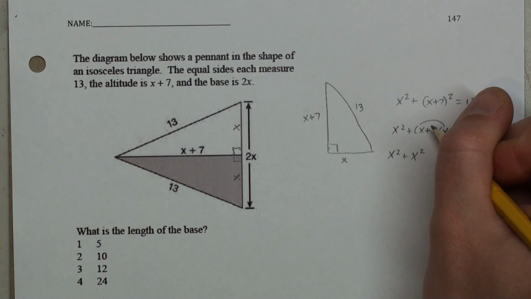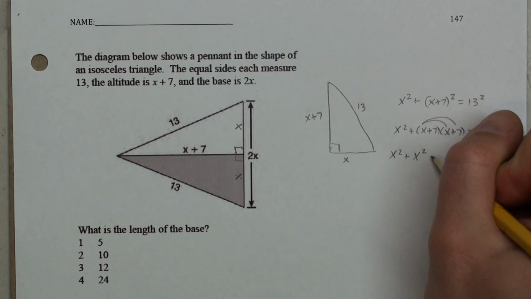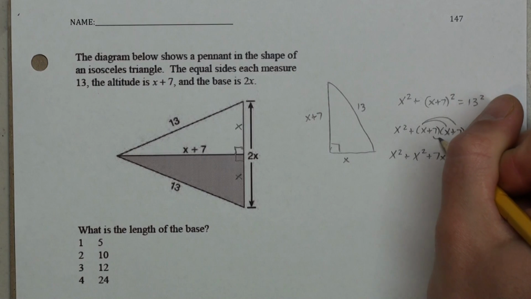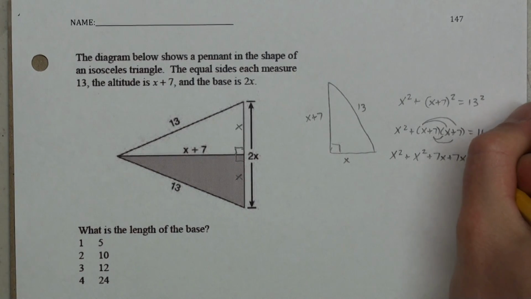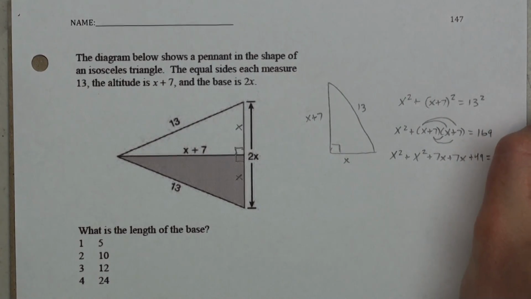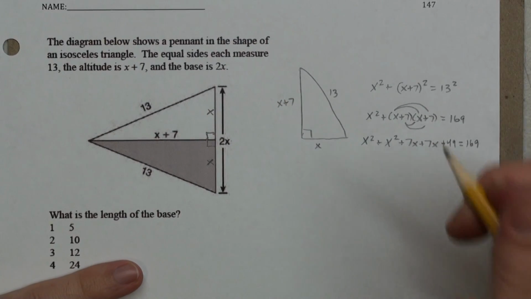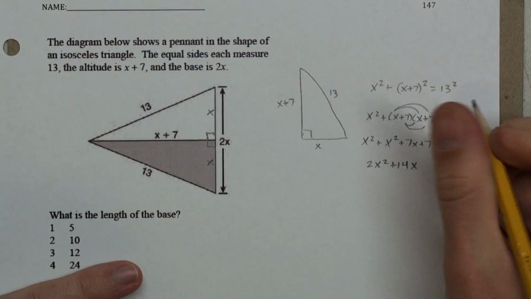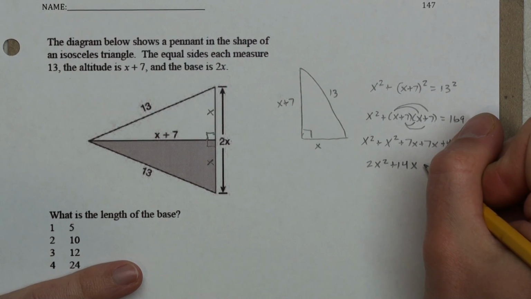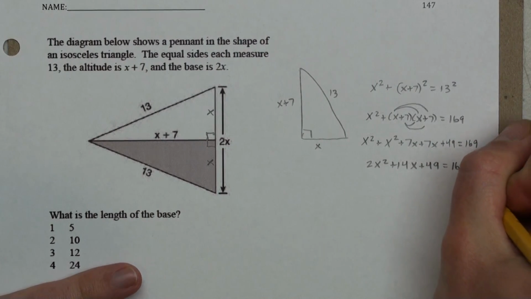X squared plus 7x plus 7x plus 49 equals 169. Okay? So we have 2x squared plus 14x plus 49 equals 169.